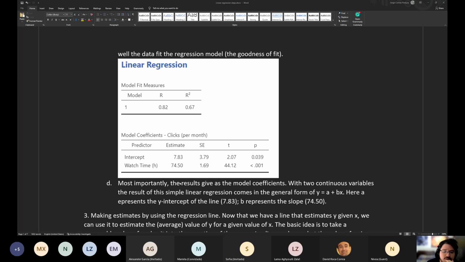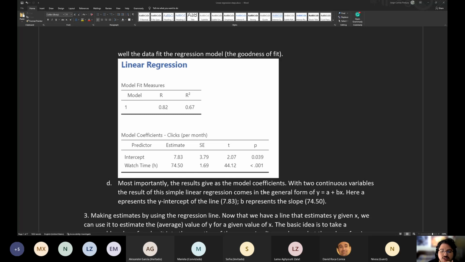Most importantly, these results give us the model coefficients, which in this case are just the two, intercept and watch time. In this table, we didn't ask for any type of confidence interval, but you should know that every estimate that you will have has an uncertainty that can be assessed with a 95 percent or any percentage of confidence.